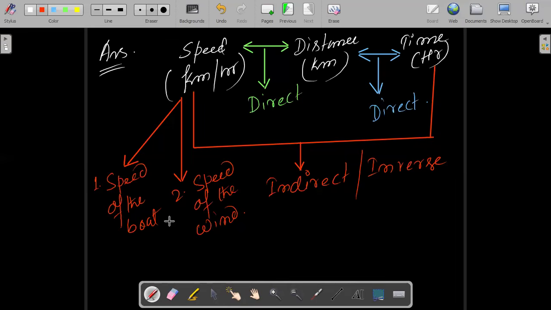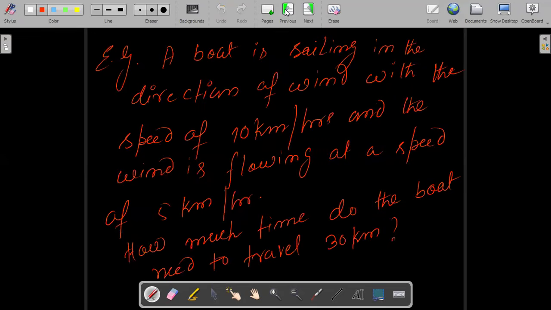Had it been in the opposite direction, we have to minus the speed. Now tell me, if you need to deduct the speed from the previous one, then from whose speed are you going to deduct? From whom to subtract which speed?